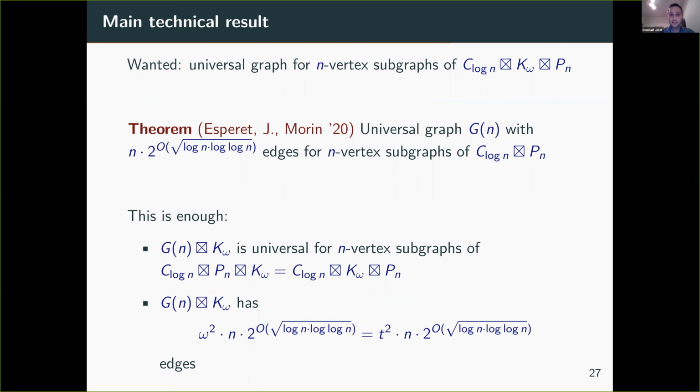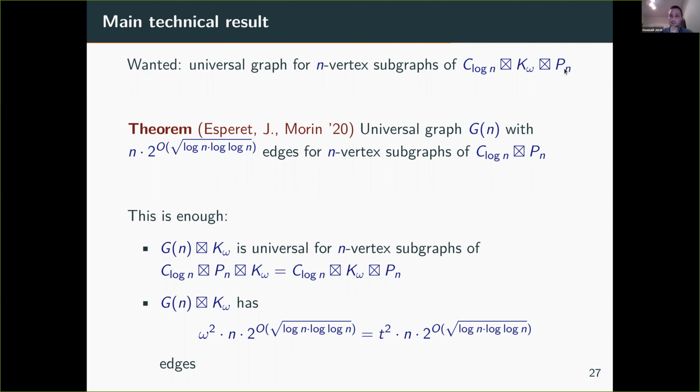Now let's simplify the primer a little bit more before going to the technical part. So what did we do so far? Well, first we were looking at H times P, where H was a bounded weight graph, but not fixed, and P a path. The path can have n vertices.